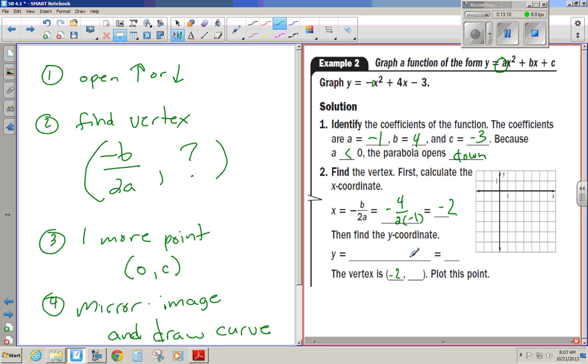So you find the y-coordinate by plugging it in. So you plug negative 2 in for x. Let's see here. Negative 2 squared is 4. Minus 8, minus 3. Negative 12, negative 15.